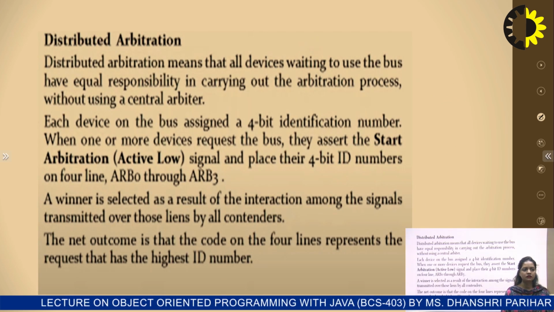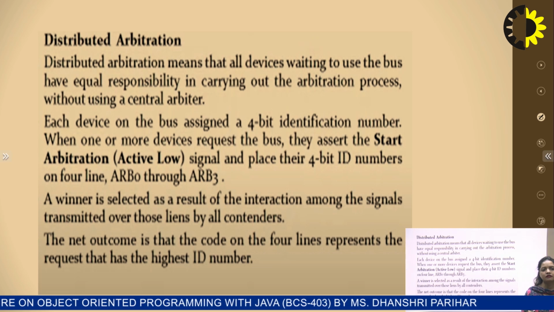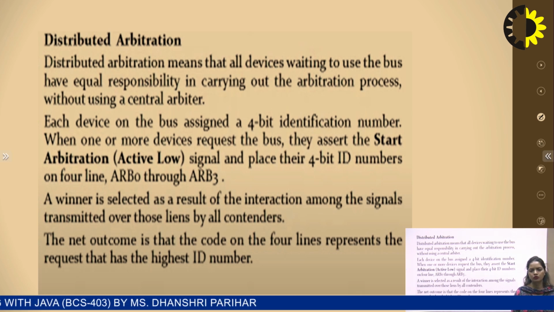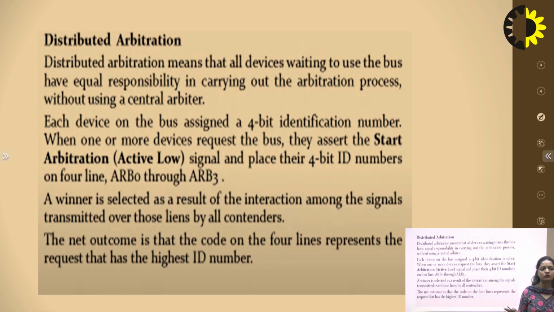There is a 4-bit ID number which belongs to each and every arbiter. Like if 3 to 4 devices are connected, they will be named ARB0, ARB1, ARB2, ARB3, and they all have their unique codes. By using them, whichever one becomes the master will get the control first and occupy the system as in the centralized scheme.